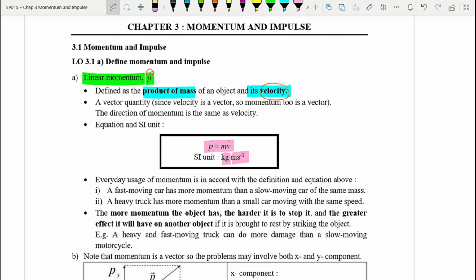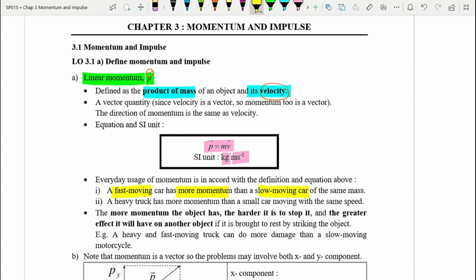For example, an object with greater mass will of course have greater momentum. Likewise with velocity. An object with higher speed will have greater momentum. So that's why the example given here is a fast moving car has more momentum than a slow moving car.